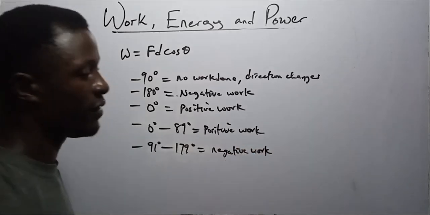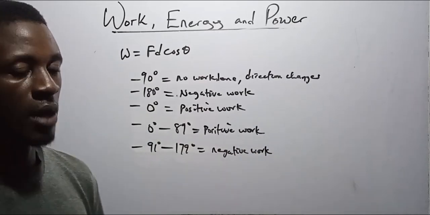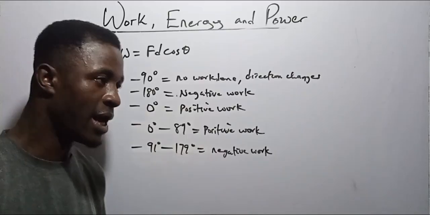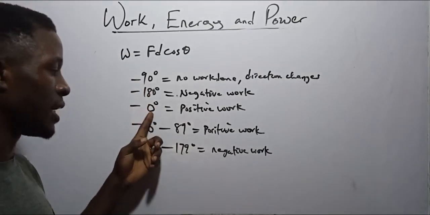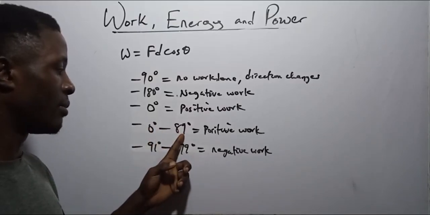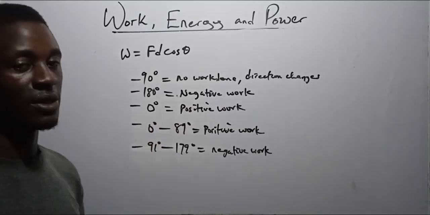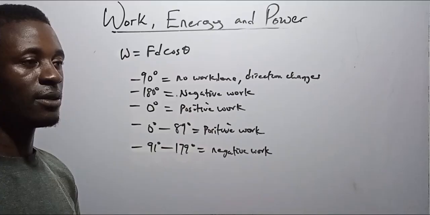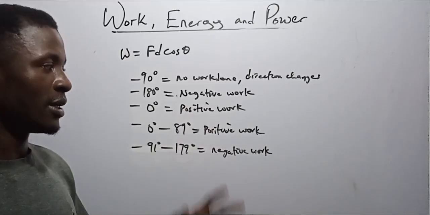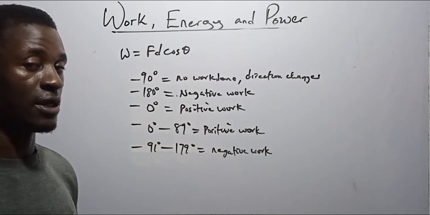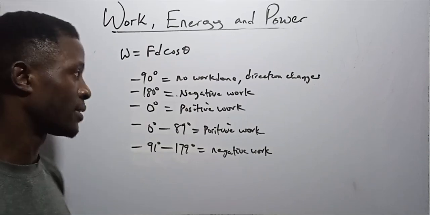So if you are given a question and an angle of inclination, just check. Is it 90? Is it 180? Is it 0? Is it between 0 and 180? Or is it between 91 and 179? Whatever the angle of inclination is, that determines whether it is positive work or negative work. So that is that.